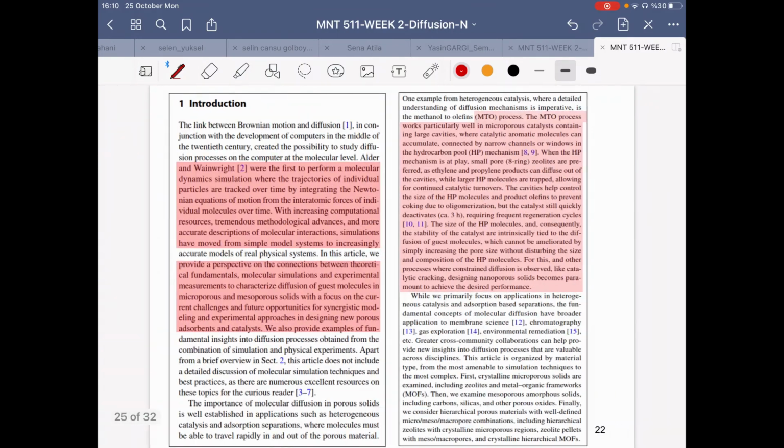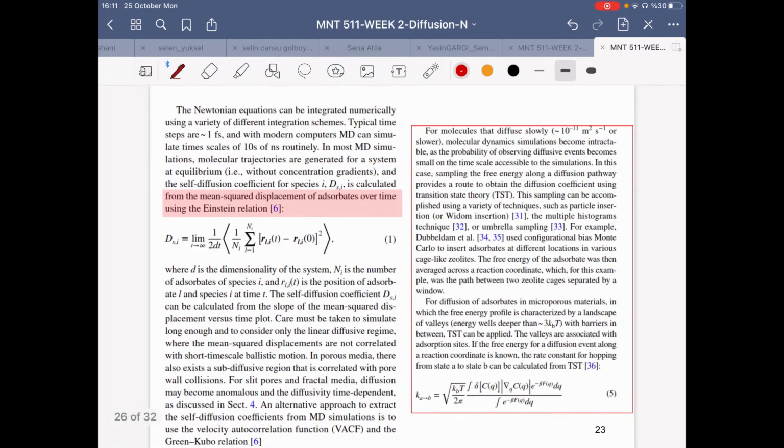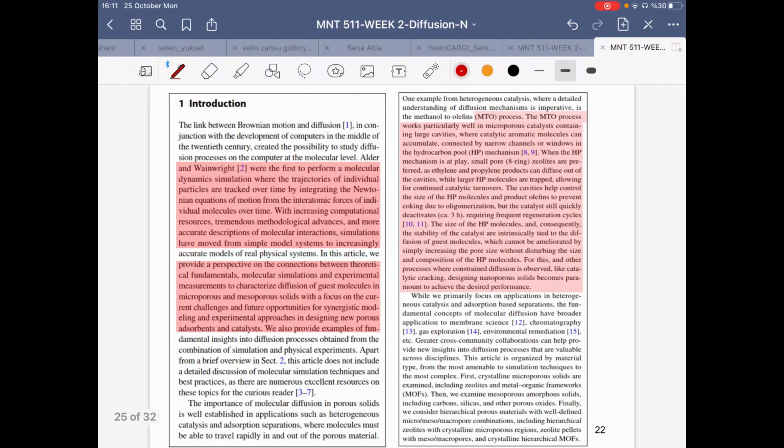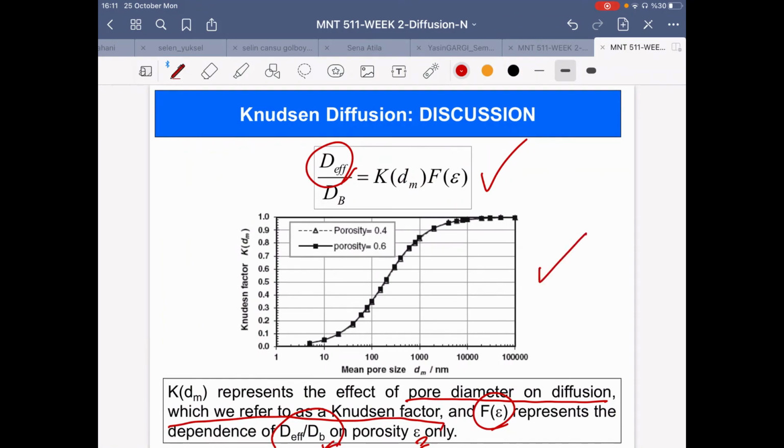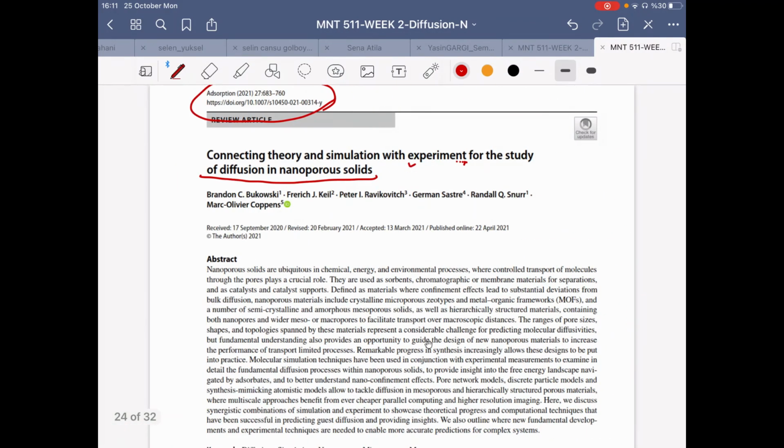They tried to come up with some calculations of diffusivities for different nanoporous materials, MOFs, macroporous, microporous materials. Knowing what we had learned for this Fick's law of everything, they tried to theoretically calculate these diffusivities for different nanoporous solids.